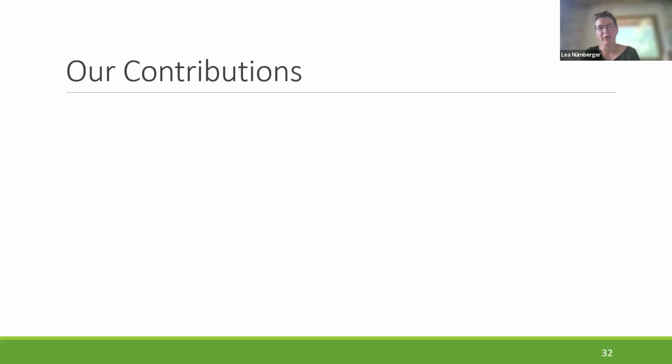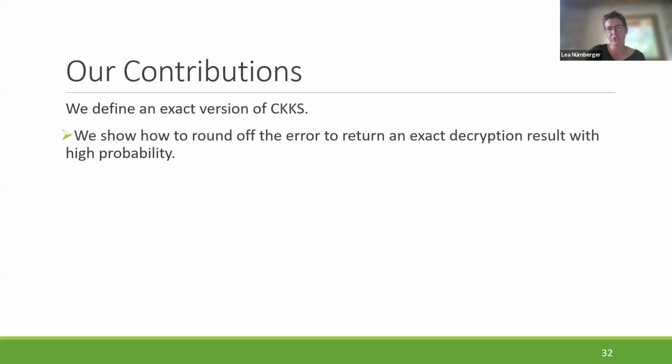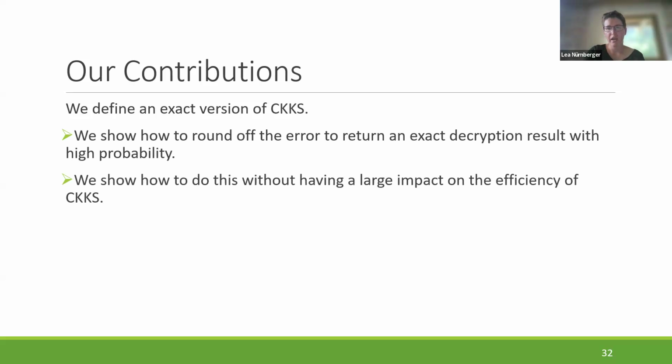So what are our contributions? We define in the paper an exact version of CKKS. And we show how to round off the error to return an exact decryption result with high probability. And we show how to do this in particular without having a large impact on the efficiency of CKKS.